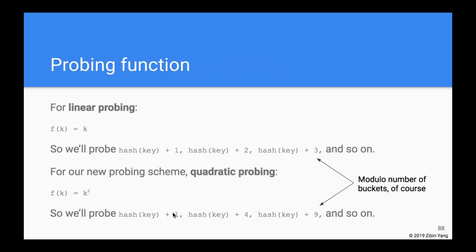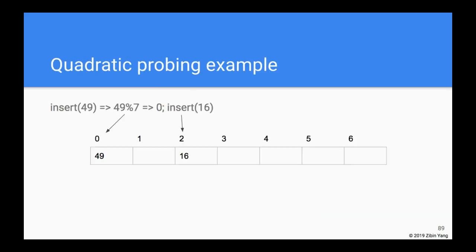When k is 1, it's plus 1, the same as before. However, when k is 2, we skip a few more locations: we go to hash key plus 4, and if we still cannot find a bucket, then k equal to 3 means the location is 9 buckets away. So that's quadratic probing in a nutshell.